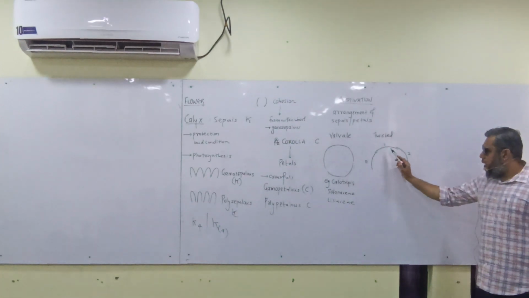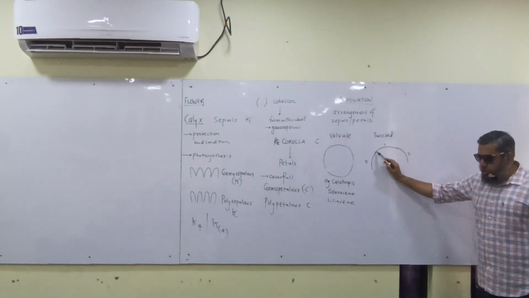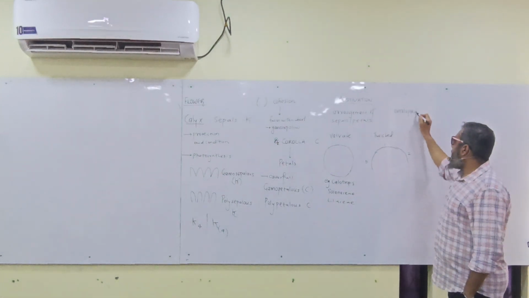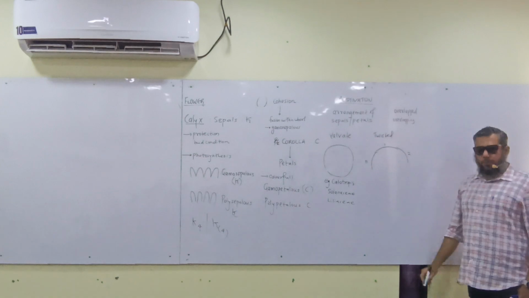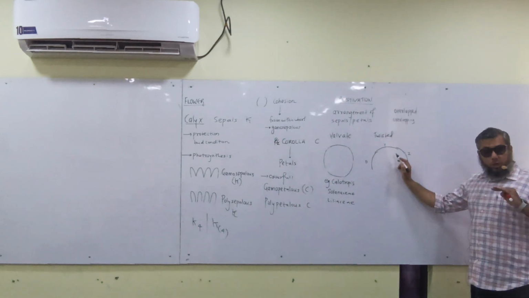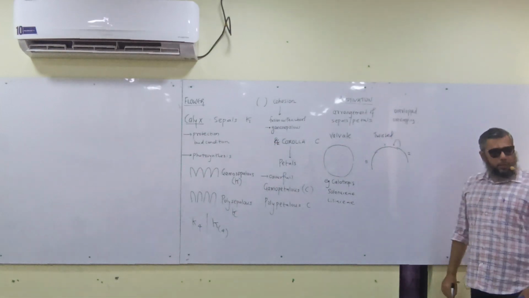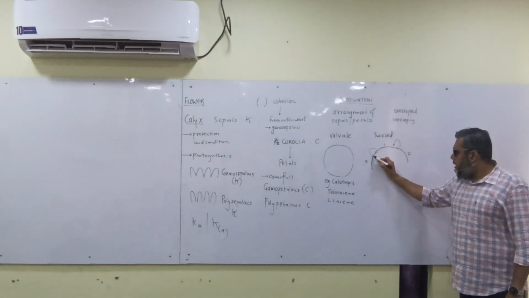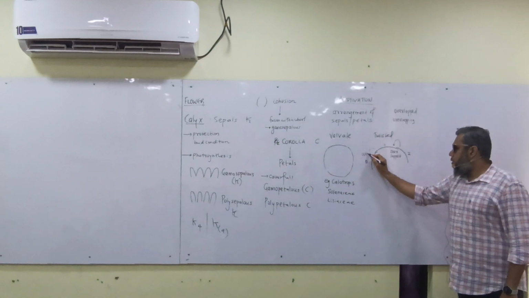Can I say at one margin the petal is overlapped and at the other margin it is overlapping? I have used two words: overlap and overlapping. Did you understand the meaning of the two words? Overlapped means it is under something, that something is on top of it. Who is on top of it? The second one. Overlapping means its margin is on top of something. Do you see this margin? So what will we call this margin? Sir, it is overlapped. And which margin is this, sir? This is overlapping.